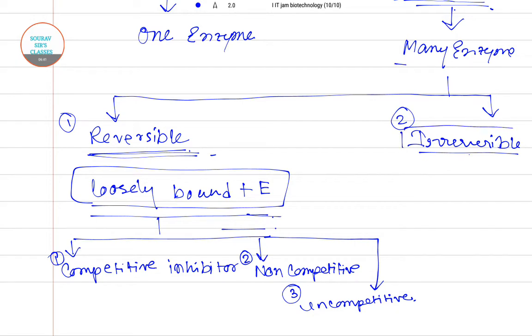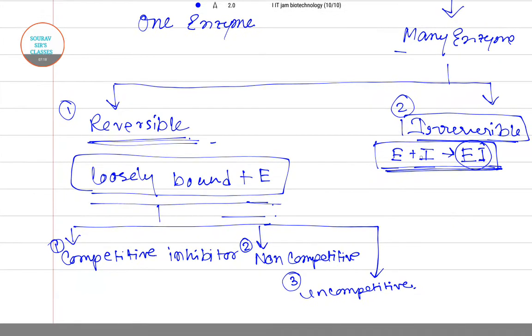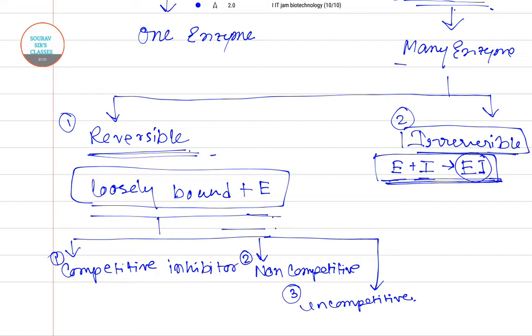The enzyme and the inhibitor form an enzyme-inhibitor complex, that is the EI complex, and that will not form the active enzyme again, because it is bound by a covalent bond between the enzyme and the inhibitor. So the difference between reversible and irreversible inhibitors is only the bond that forms between the enzyme and the inhibitor.